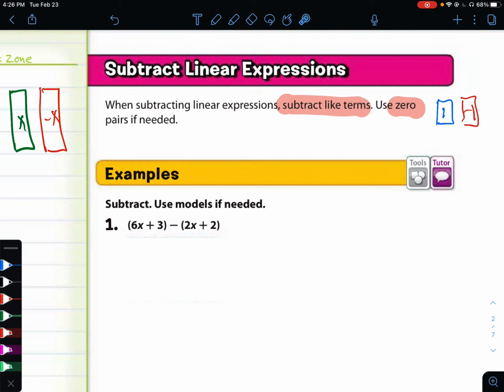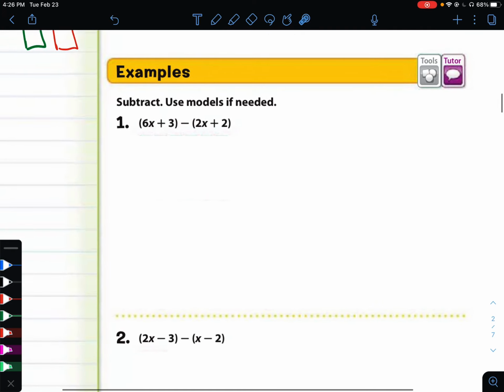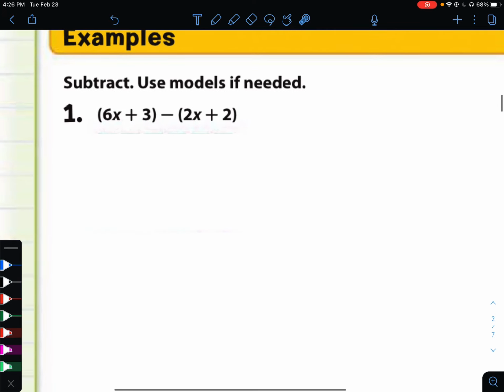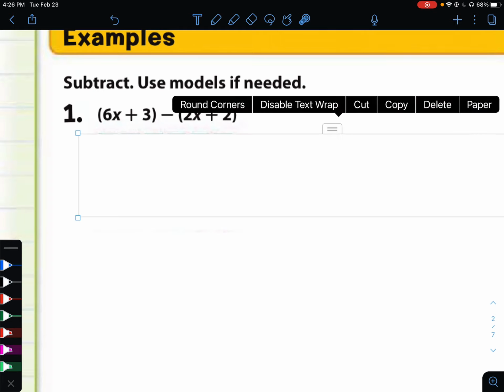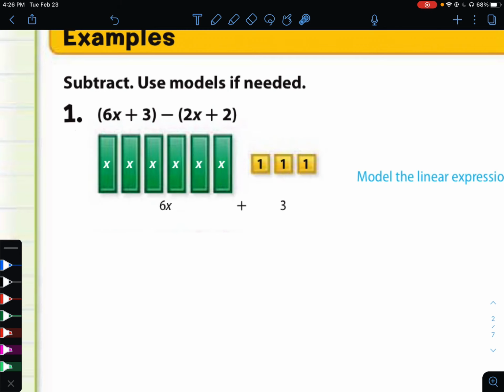Let's take a look at example number 1 and see how this works. We want to use models to subtract the quantity 6x plus 3 minus the quantity 2x plus 2. First, let's model 6x plus 3. 6x plus 3 means that there are 6 x tiles and 3 unit tiles, and that's what we have here. We want to subtract 2 x tiles and 2 unit tiles. So what do we do there?